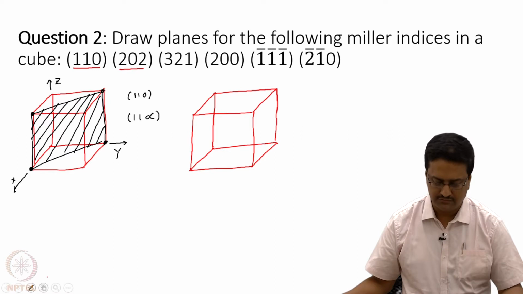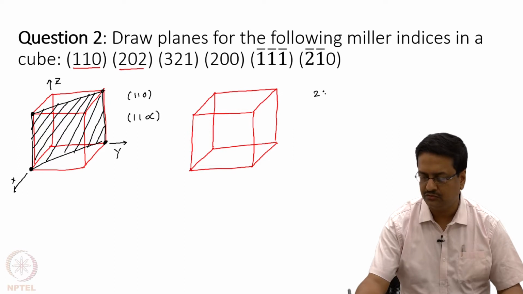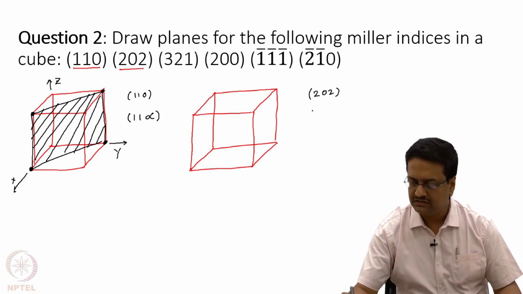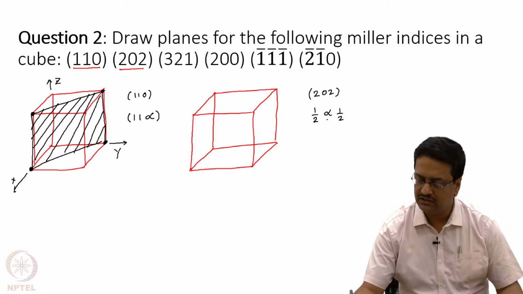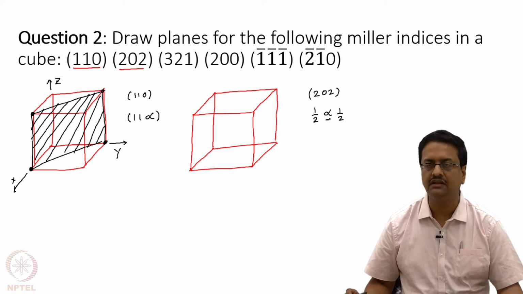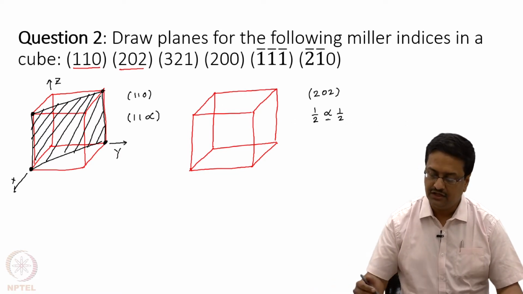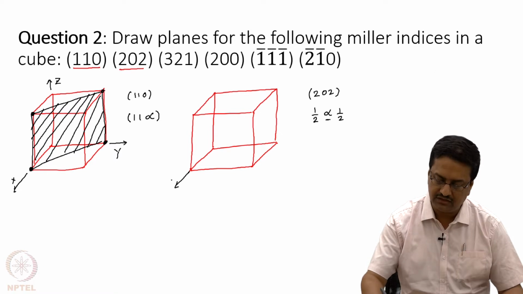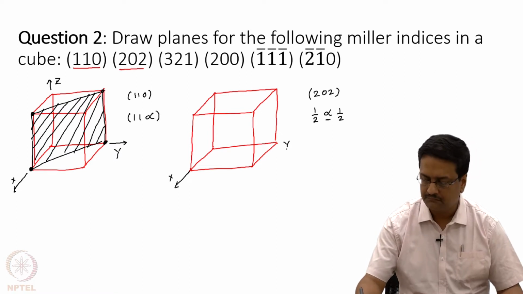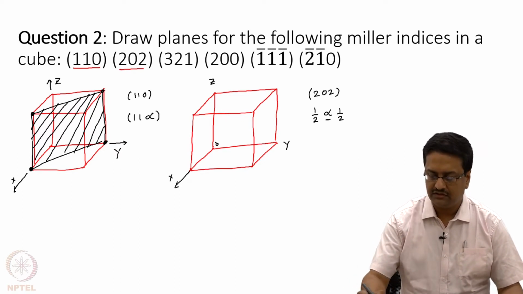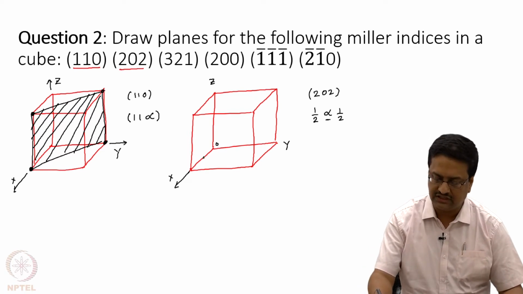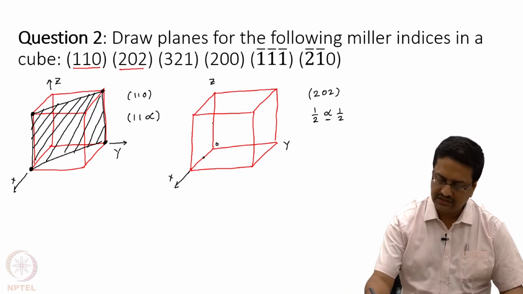And then try to find out the intercepts. So the plane is 202, which means the intercepts should be half, infinity, half. So when we have infinity as intercept in K, it means that the plane is parallel to Y. So now if we start at origin, the x-intercept is half, z-intercept is half.